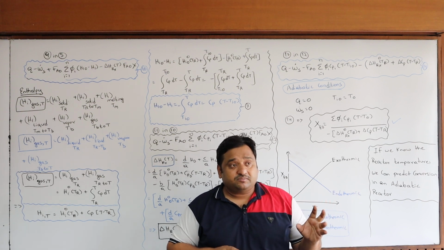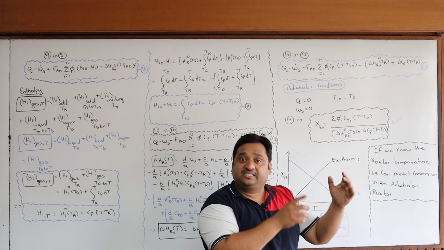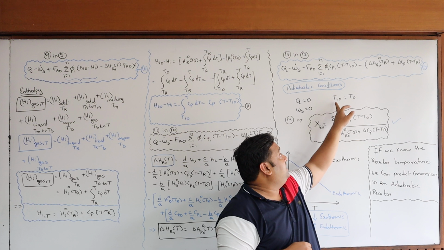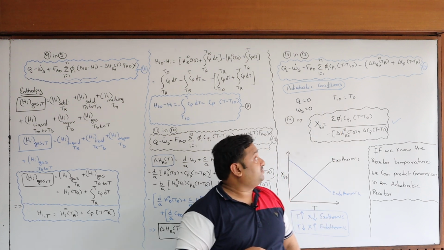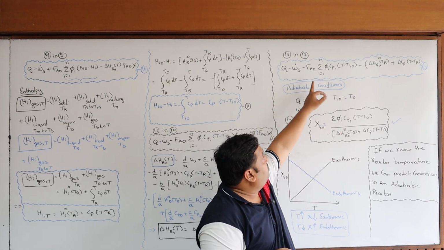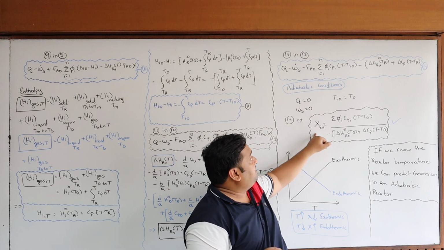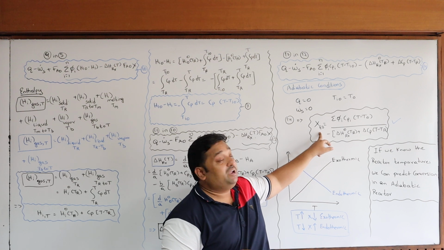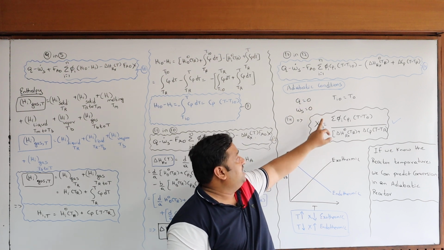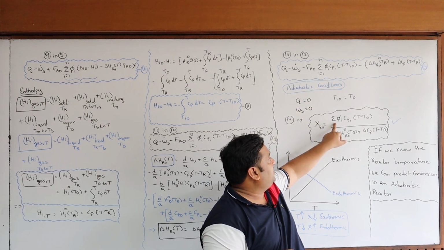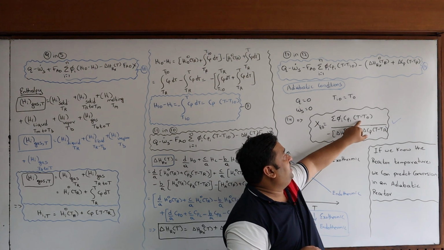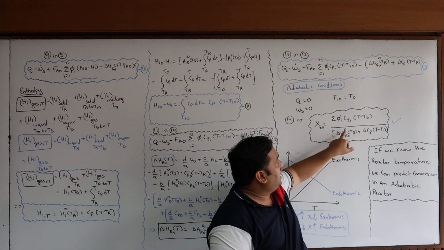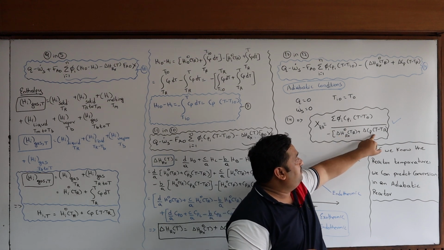Imagine if all molecules are entering at the same temperature, T0, then Ti0 becomes T0. If you rearrange this equation, X on one side and everything on the other side, for adiabatic conditions conversion is sigma phi i Cpi into T minus T0, divided by minus of delta H standard reaction plus del Cp into T minus Tr.